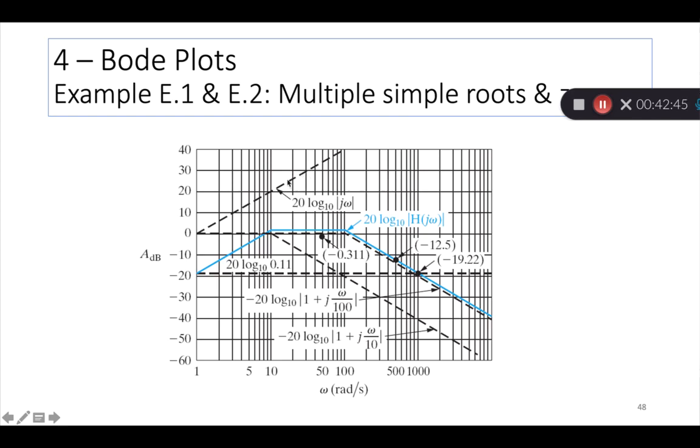There is an angled straight line for the 0 at the origin. Then there is a downward sloping pole at omega equals 10, and then there is a downward sloping pole at omega equals 100. That's the other one.